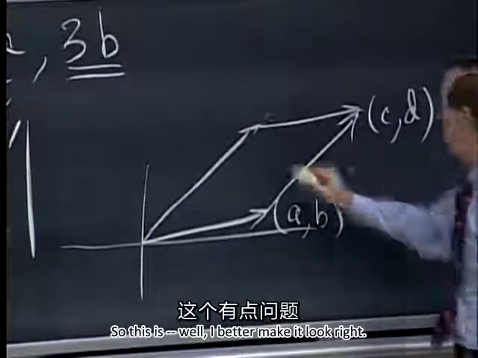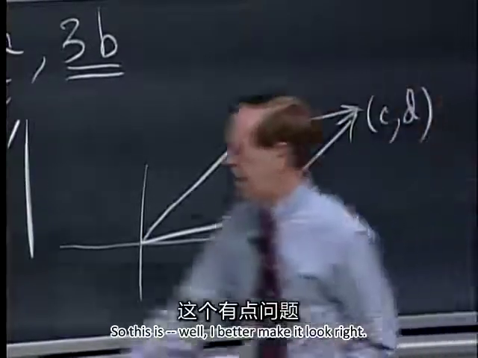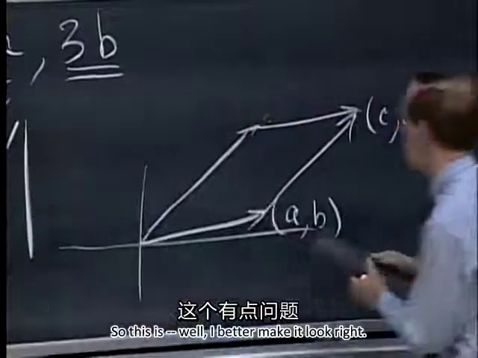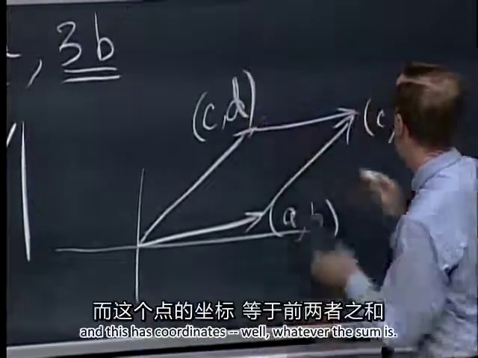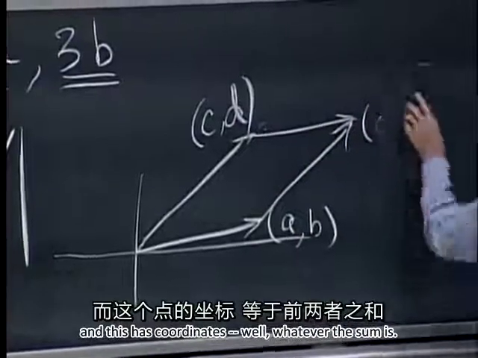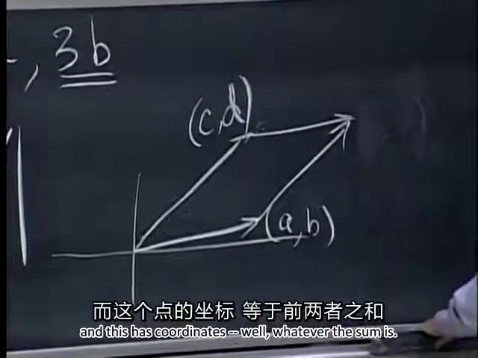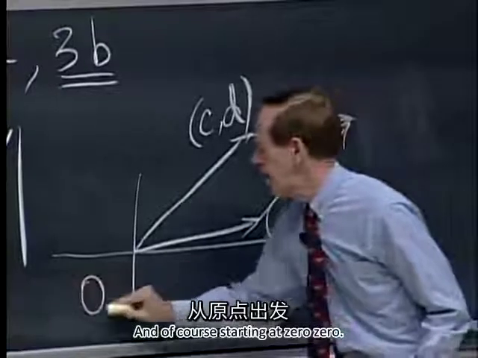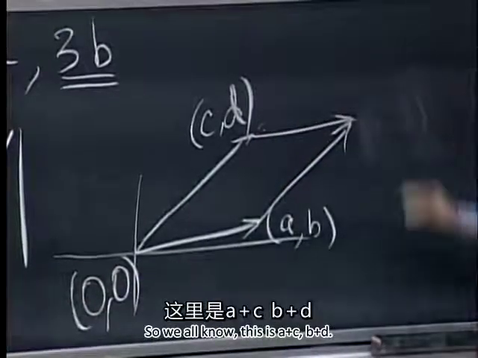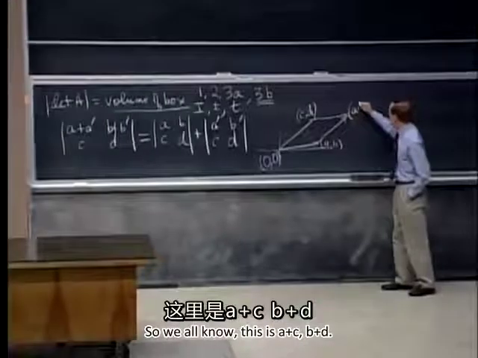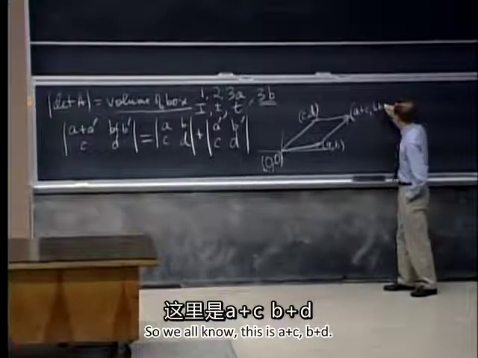So this is C. Well, I better make it look right. It's really this one that has coordinates CD, and this has coordinates, well, whatever the sum is, and, of course, starting at 0, 0. So we all know this is A plus C, B plus D.